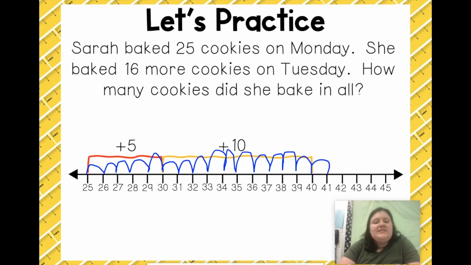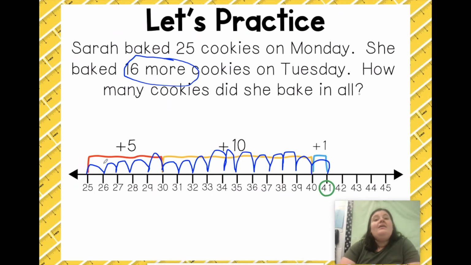So how many cookies did Sarah bake in all? She baked 41 cookies. And as you can see, I added 5, then 10, plus 1. So this shows the 16 more cookies that she baked on Tuesday. So I started at 25 and I counted up to 41.